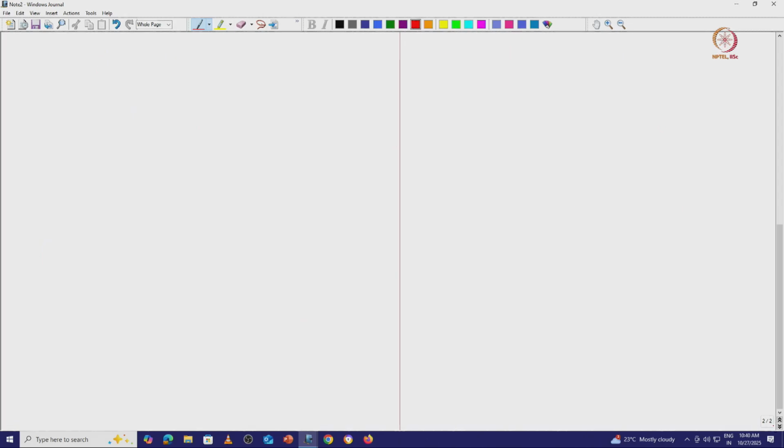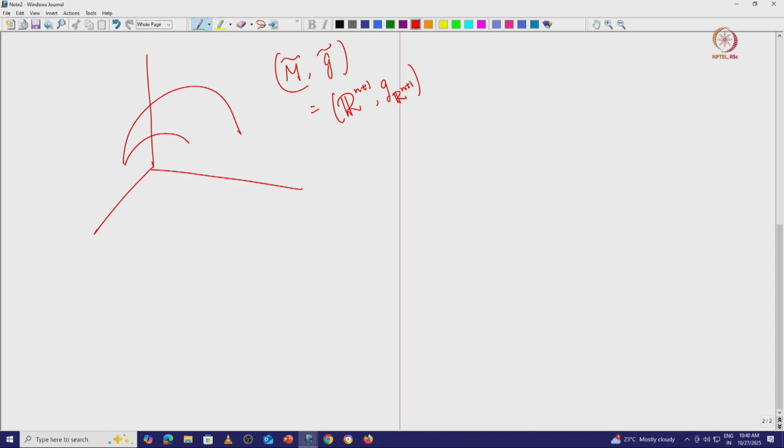Let me draw a picture. For simplicity, let us take (M tilde, g tilde) to be Euclidean space, because this is where all our examples are going to come from, and let us take a surface. This is your M with the induced metric g.